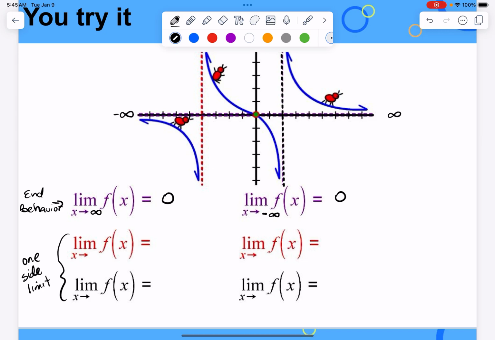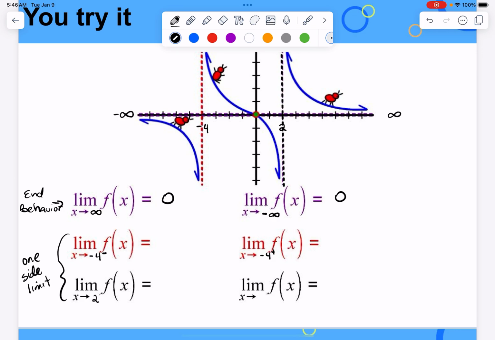Now, if you notice with the one-sided limit, we have two vertical asymptotes. We have one at negative 4, and we have one at 2. So we have to do negative 4 from the left, negative 4 from the right. We also have to do the other vertical asymptote.